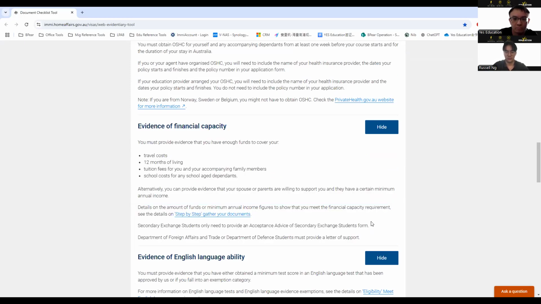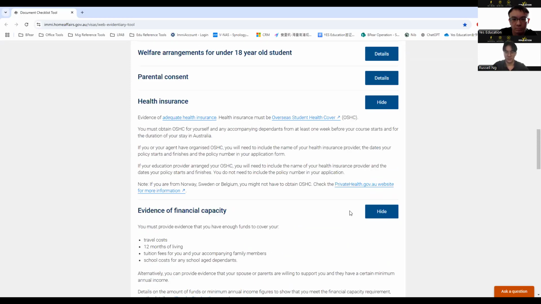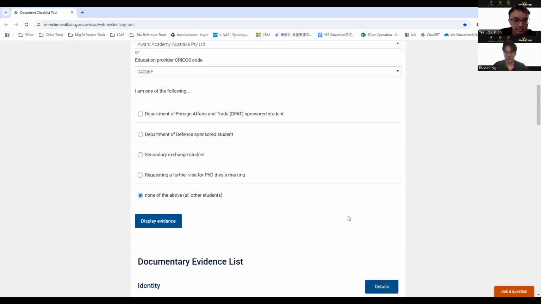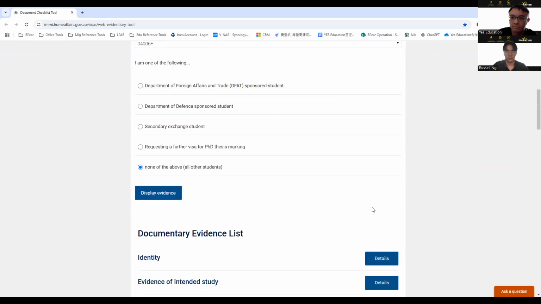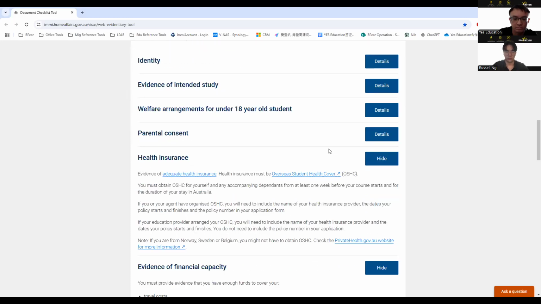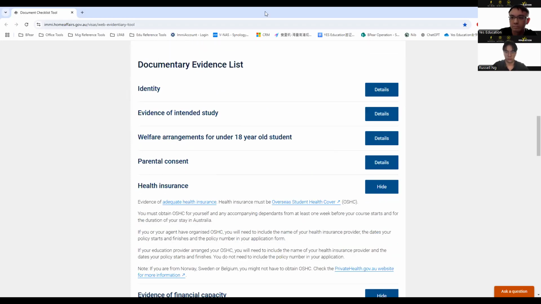That contains 12 months of living cost and travel cost to Australia and tuition fees. We'll talk about that later. Yeah, and that's the checklist tool for the student visa application.